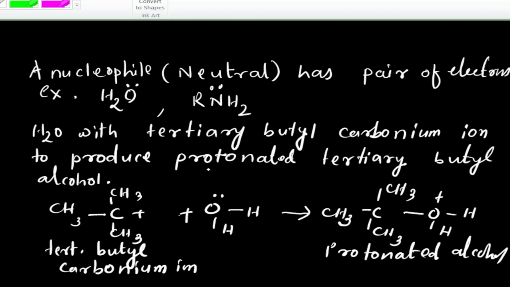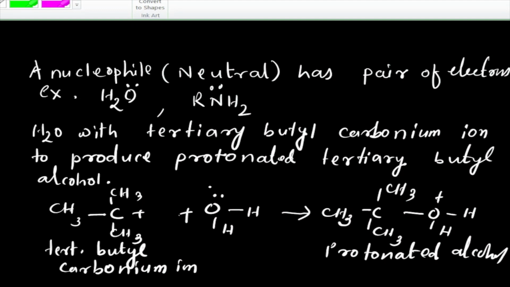Then what happens here? Let us take water with a tertiary butyl carbonium ion to produce protonated tertiary butyl alcohol. That means if water reacts with any carbonium ion, it produces alcohol. Now the example here is the tertiary butyl carbonium ion, because a positive charge is there. Water has a lone pair of electrons, and I told you the carbonium ion has a tendency to accept a pair of electrons from others.